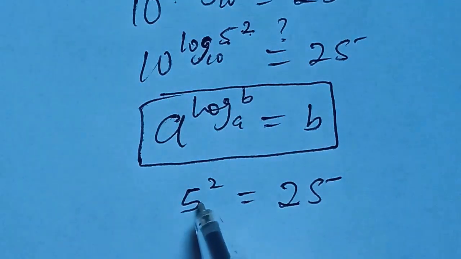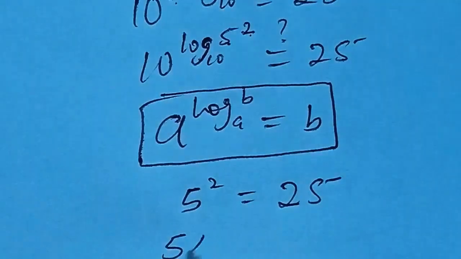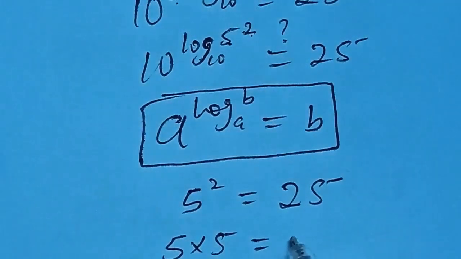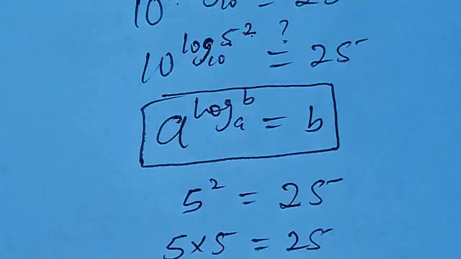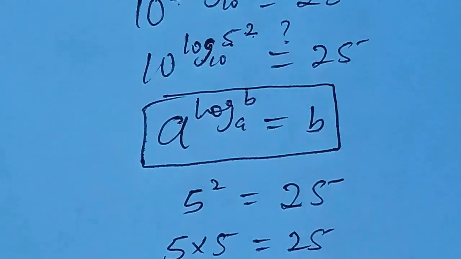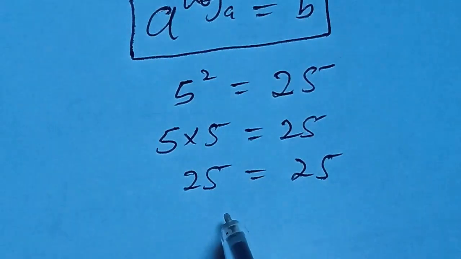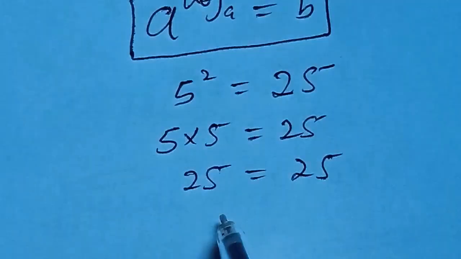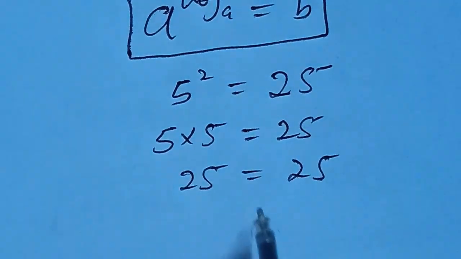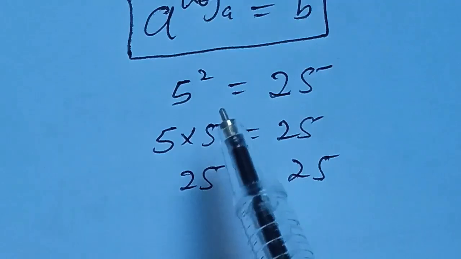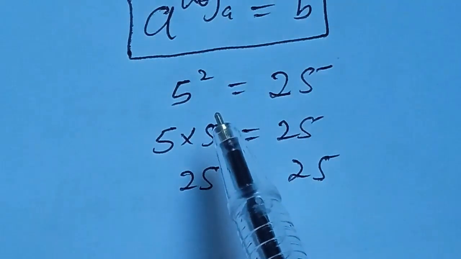Multiplying 5 twice is what 5 to the power of 2 means, 5 multiplied by 5. Okay, and that is equal to 25, which verifies that the left hand side and the right hand side are equal to each other. So this is using the value of x which we got from the first approach.